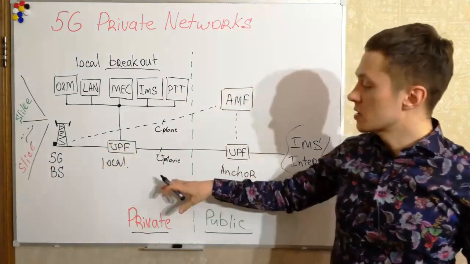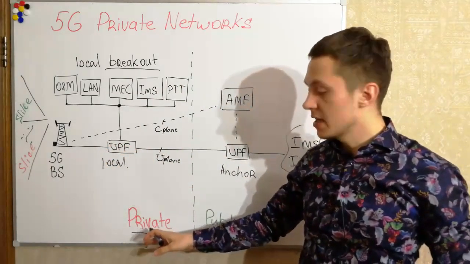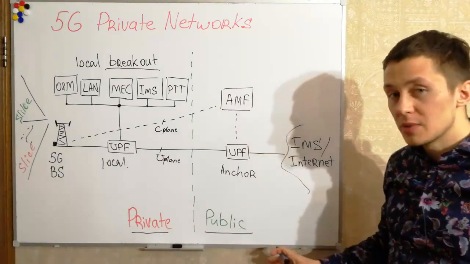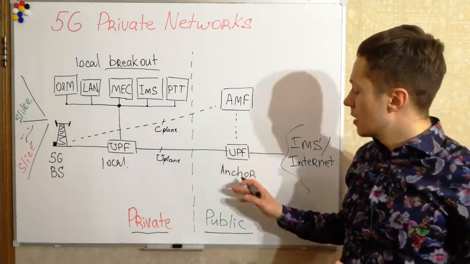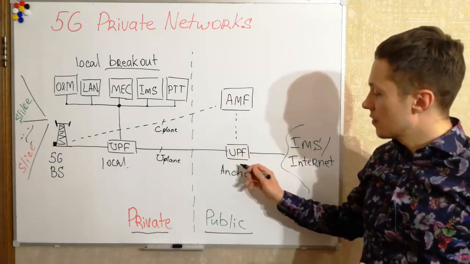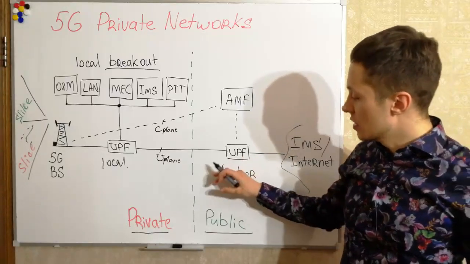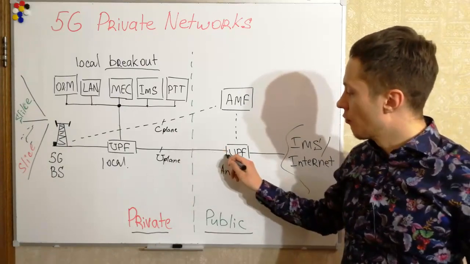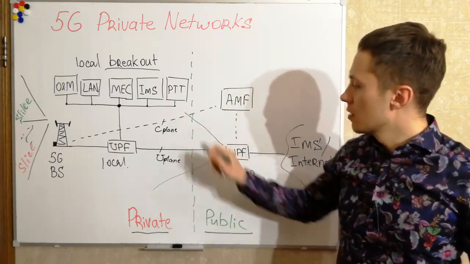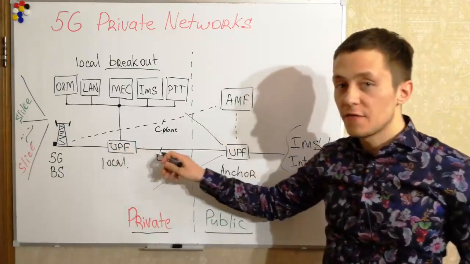User plane, we can see, can be divided between private and public network. And the UPF function from the public network is in the role of anchor for all other private UPF functions.